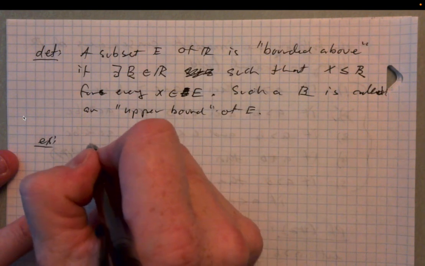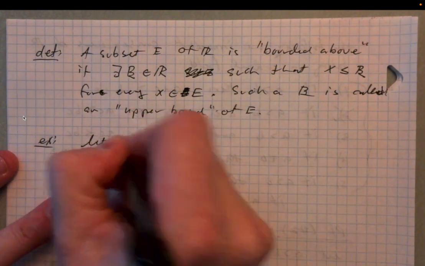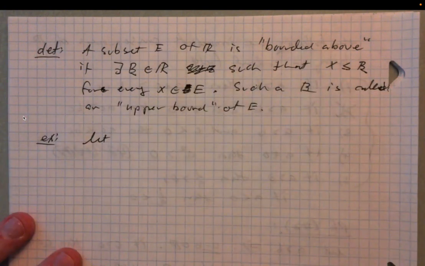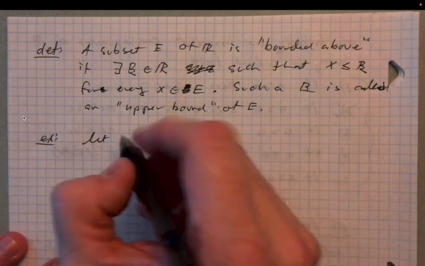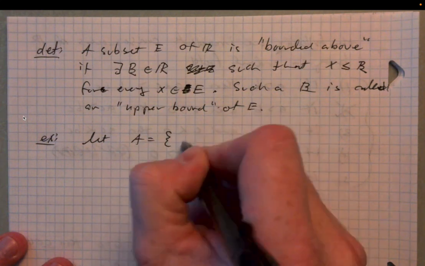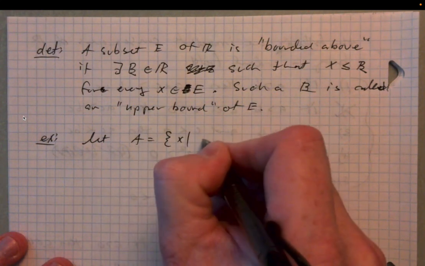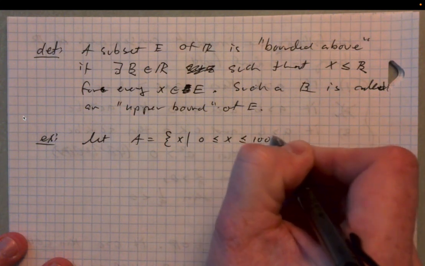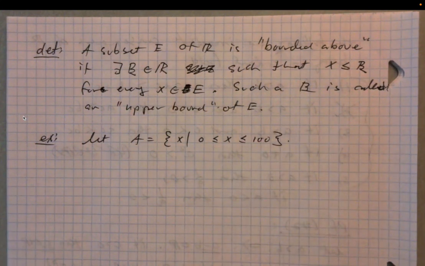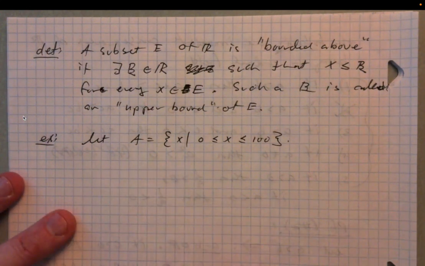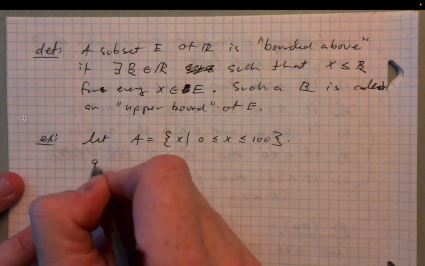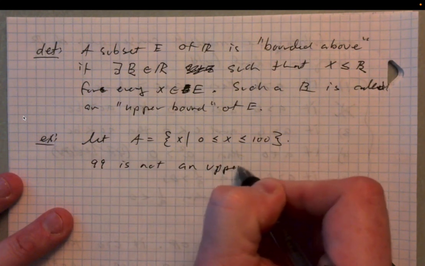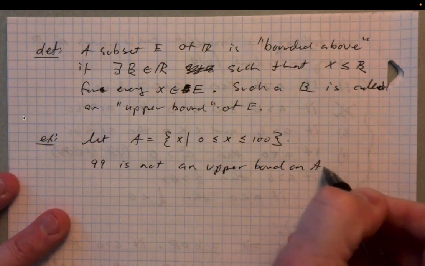Right? So an example would be, this will be a silly example, but just to make sure that you can recognize that this is a relatively simple concept, let A equal the set of x such that 0 is less than or equal to x, which is less than or equal to 100. Okay. Then 99 is not an upper bound on A. Right?